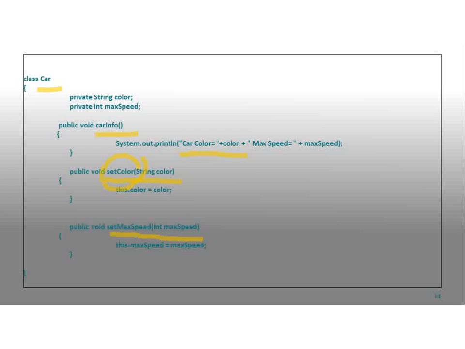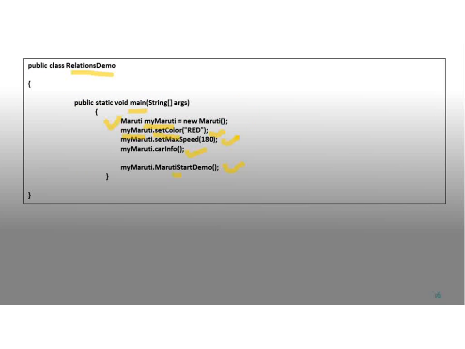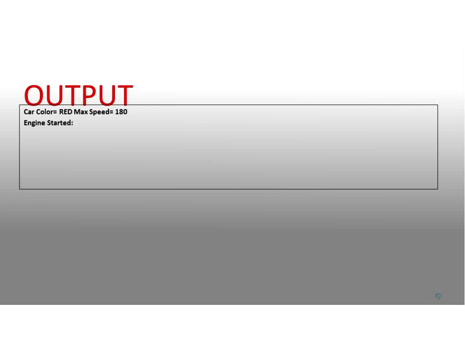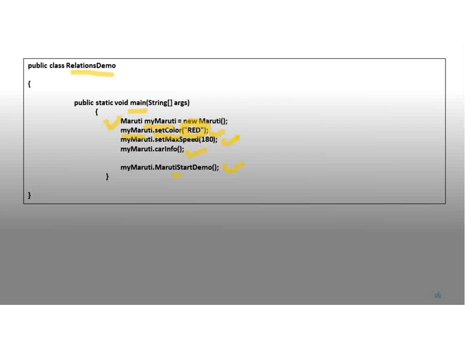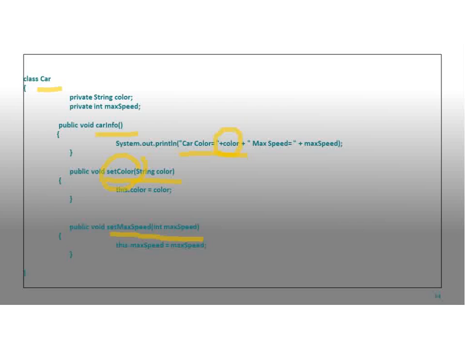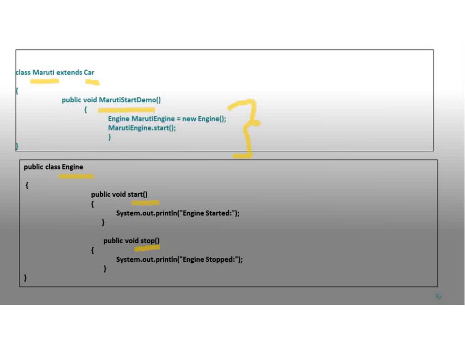So in setColor, what we have: we set the color, and we have "car color is equals to" plus color. So the color is red. So the output will be "car color is equals to red".